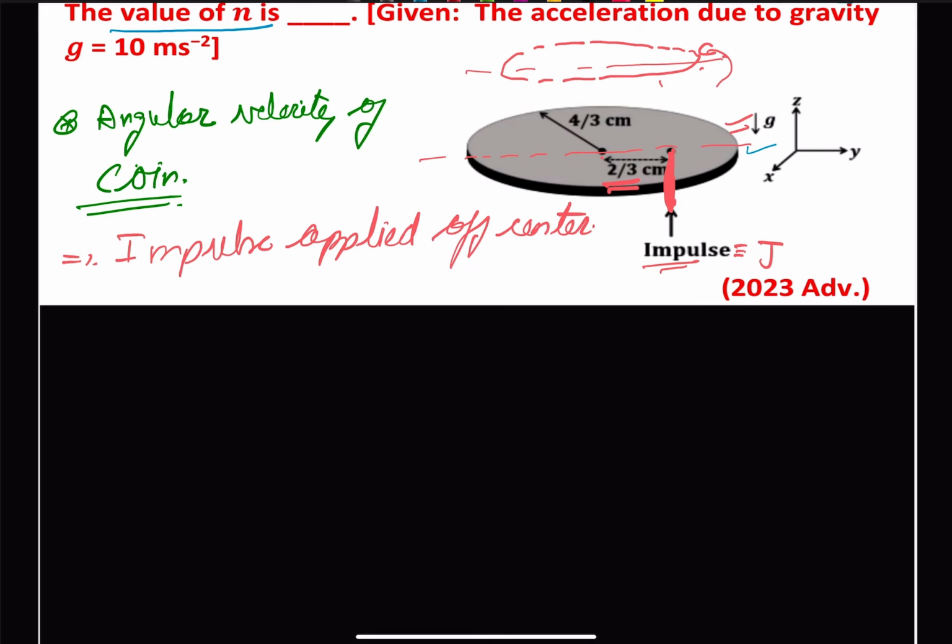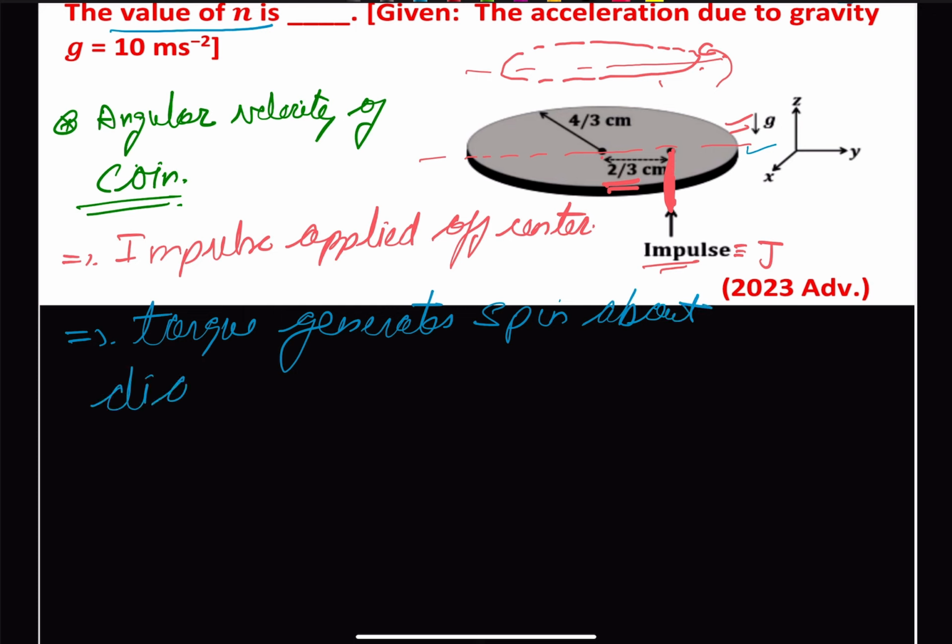So because of this off center application, the torque generates spin about the diameter.